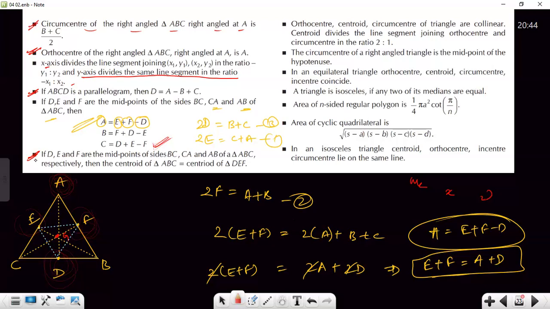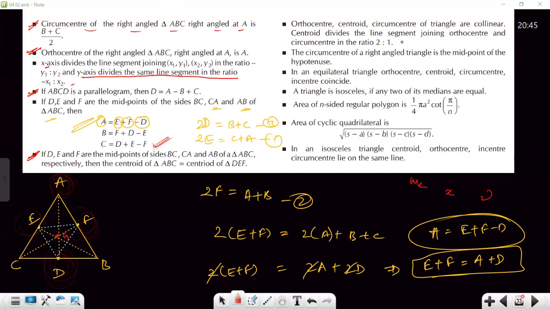Yeah. Talking about the next point, which is very, very important. The orthocenter, centroid, and circumcenter of a triangle are collinear. They exist on a straight line. And the centroid, which is in the middle of these 2 points, will divide the line segment joining orthocenter and circumcenter in the ratio of 2:1.